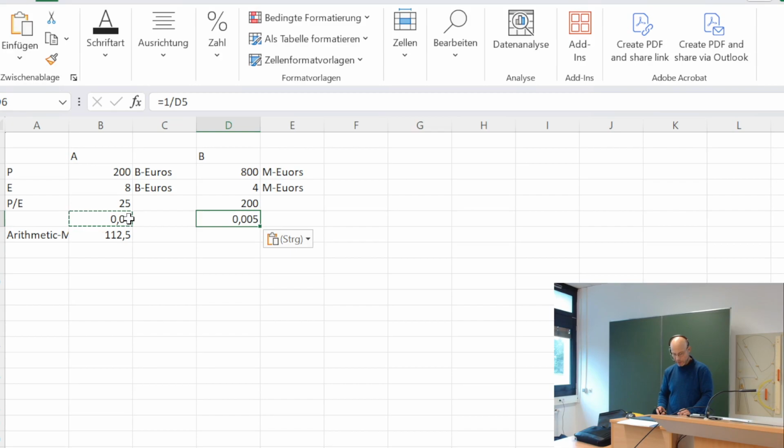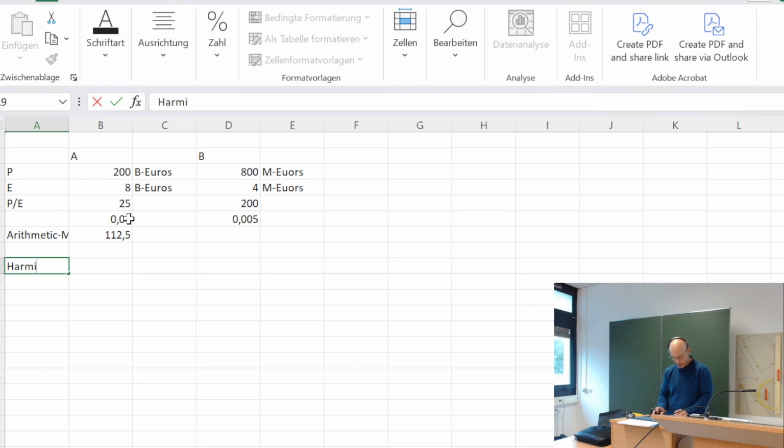This also 1 over 25, and then the harmonic mean is then 0.5 to minus 1, or just 2, of course, but that you are not puzzled, times this plus this, and also to minus 1.